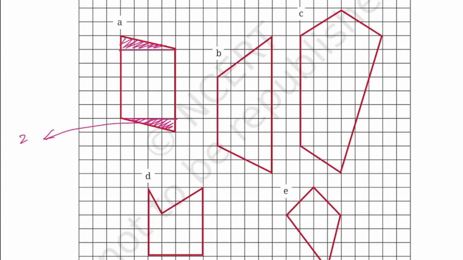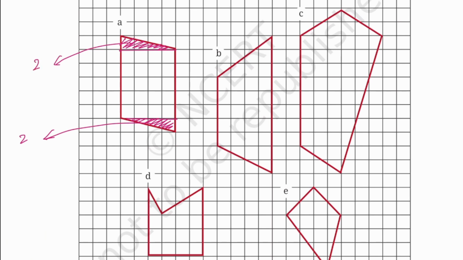Similarly, this one is half of a rectangle, that is this one. You can see here, this is a rectangle having area 4 square units, and the red one is half of 4, that is 2 square units.